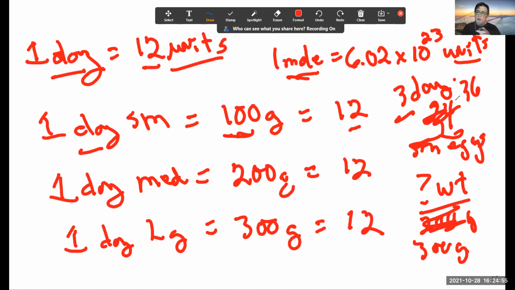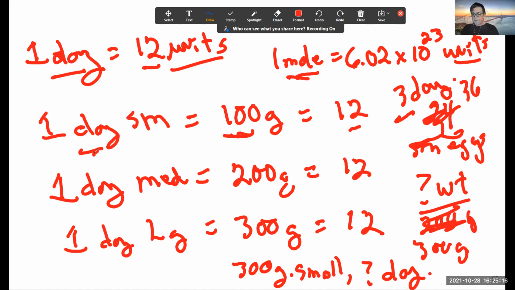So I could have gone the opposite direction and said, all right, 300 grams of small eggs. How many dozen would that correspond to? Okay. You see how I can work the problem given this information that 1 dozen weighs 100 grams and there's 12 in 1 dozen.